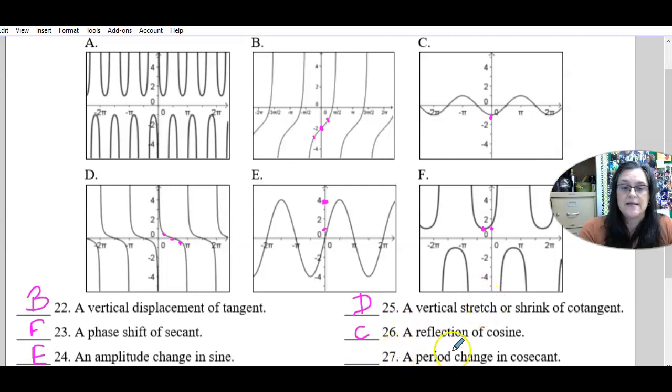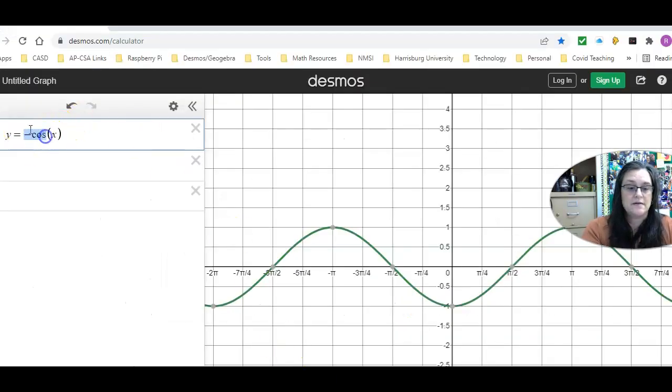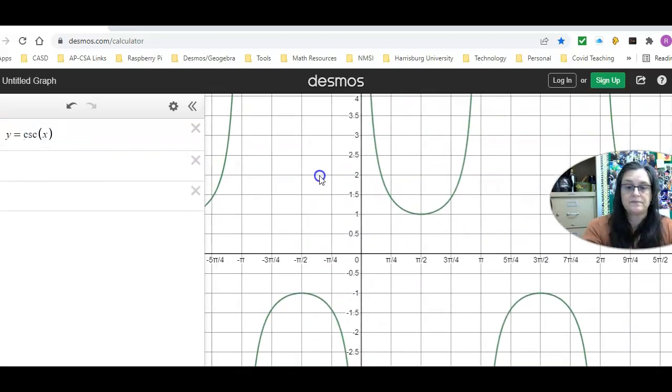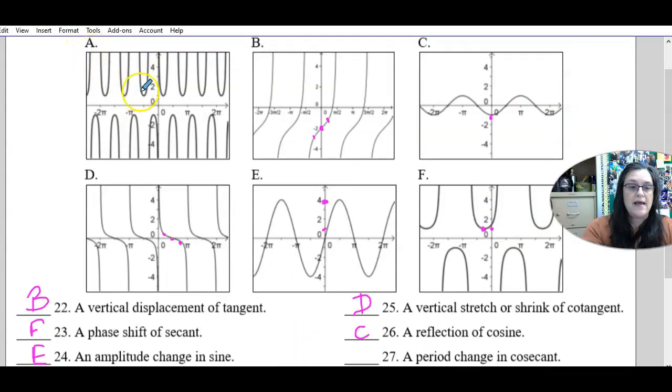And then 27, a period change in cosecant. So the graph of cosecant has a period of 2 pi. And we can see we have an upward and a downward facing U between 0 and 2 pi. When I look at the graph A, I've got the same shape that I need, but between 0 and 2 pi, I have 1, 2, 3 of those cycles.